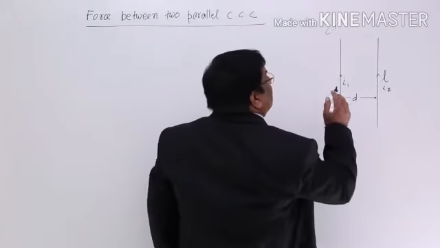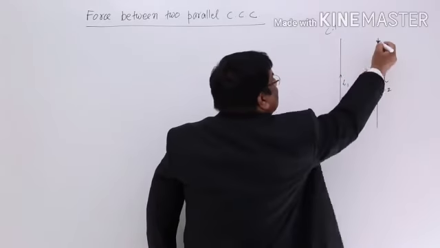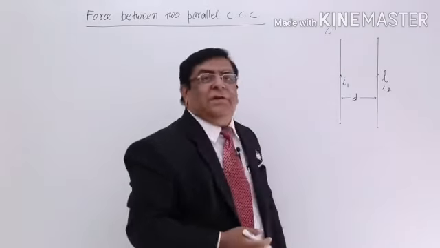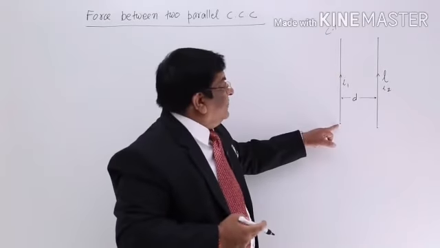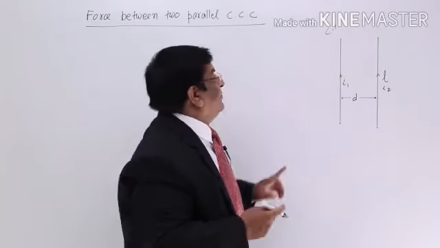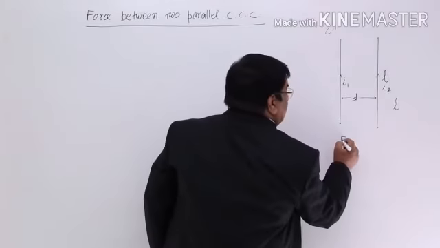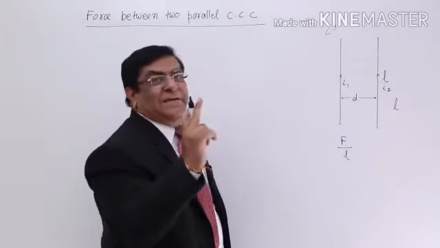Now, we will take its magnetic effect only for a particular length. Let us say that length is L. Even if it is a very long conductor, we take the force applied on a particular length L, and then there will be a term, force per unit length, the force on 1 meter of length.